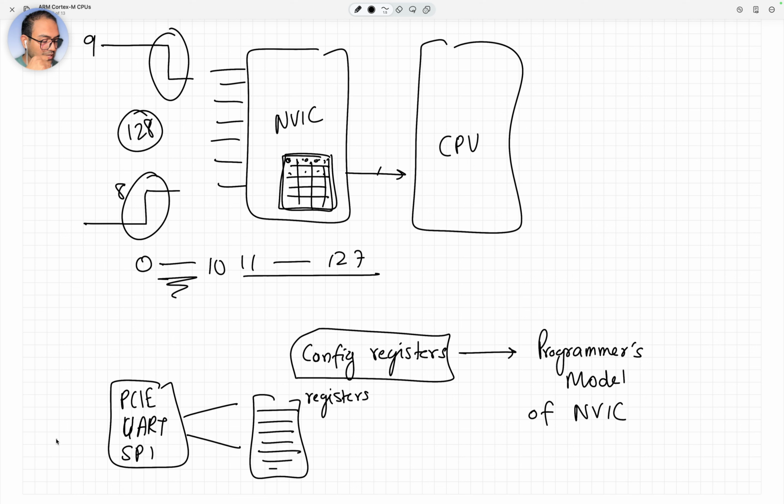And when the inputs and outputs need to be read and written, when you want to see what came through the UART, you just read one of the registers. When you want to send some value out, you write to one of the registers. So the registers are really the programmer's model. Any hardware that you're working with, please ask for the programmer's model, or things fall apart.